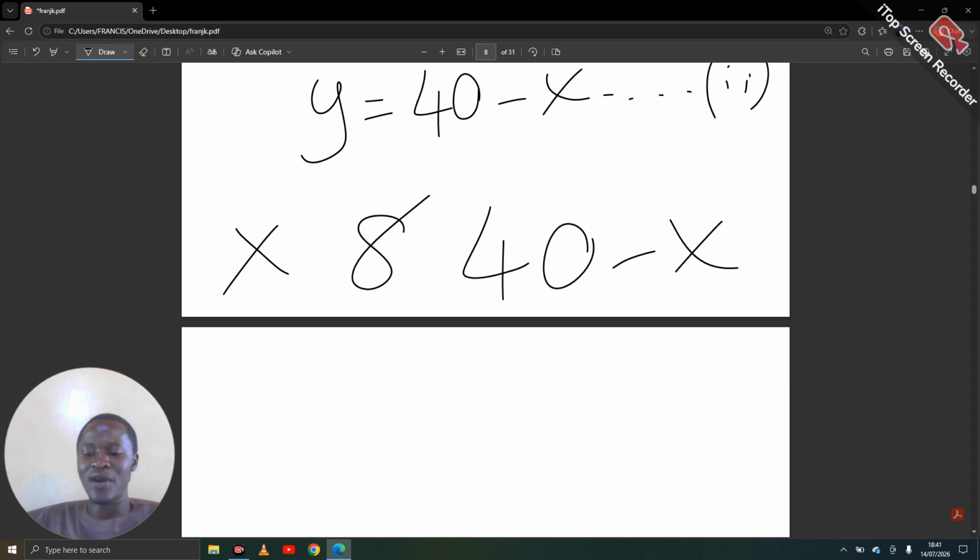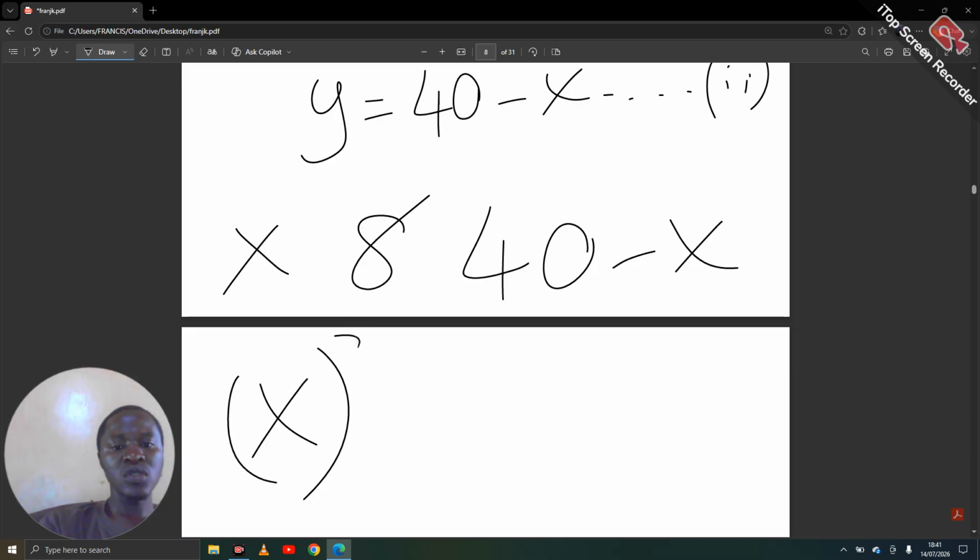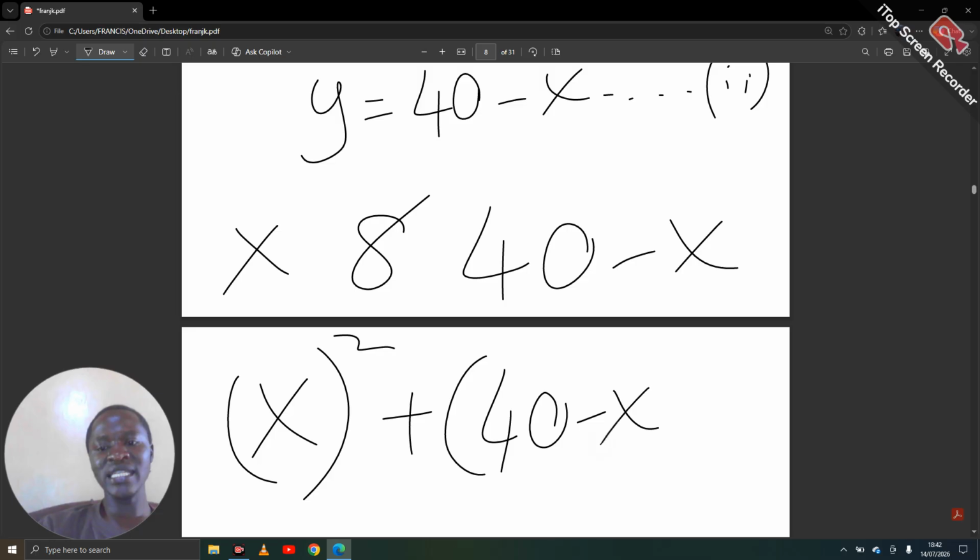For the sum of the squares of two numbers. Already we have the two numbers. That is x and 40 minus x. So an examiner wants us to write the sum of these numbers squared. So we shall have x squared plus 40 minus x squared.